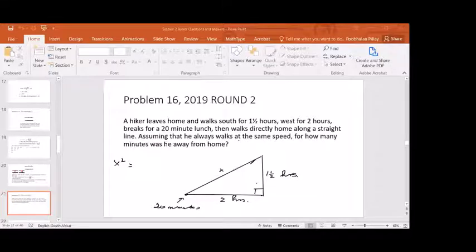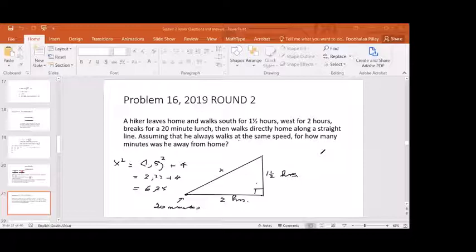that's the hypotenuse, is equal to 1.5 squared plus 2 squared, which is 4. 1.5 squared, 1.5 times 1.5, is 2.25. And that gives you 6.25. So x squared is 6.25.